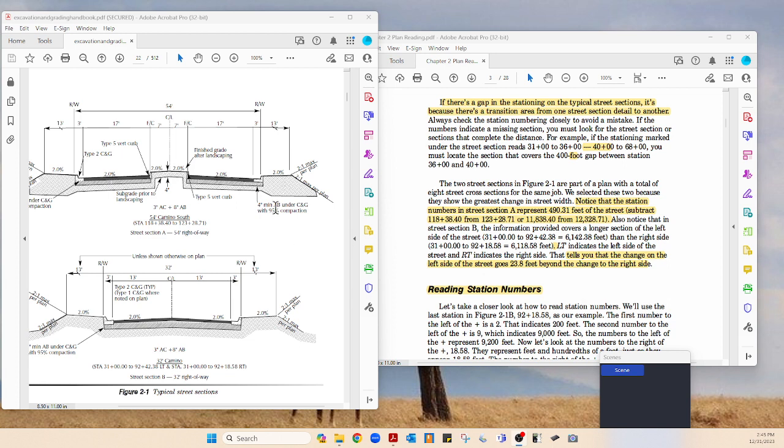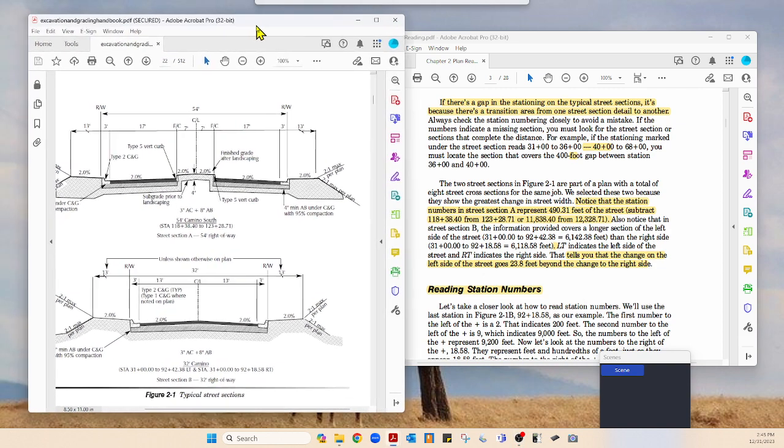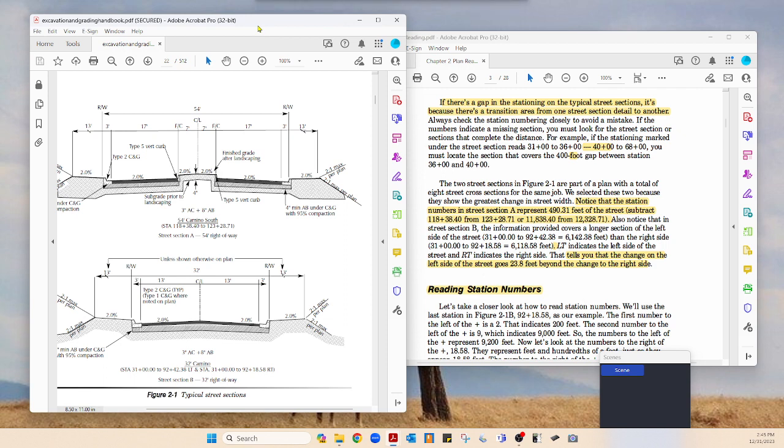So when I first pick up a set of plans, let me go back over here and see if I can move this and take up this space so we can see. Can I move this thing?